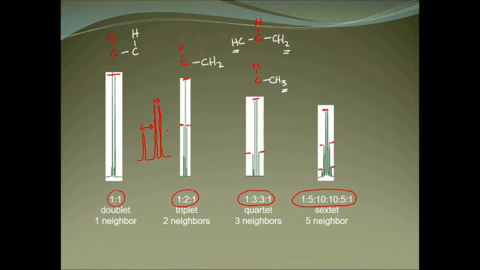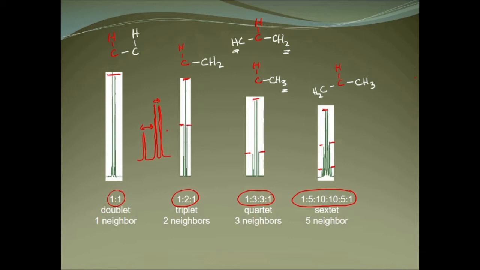And that becomes especially relevant when we consider something like a sextet with five neighbors. Again, we have our CH, but we cannot have a CH5 providing those five neighbors. You cannot exceed 4 bonds on a carbon, so most likely this is a CH3 on one side and a CH2 on the other, and that would provide 5 neighbors.